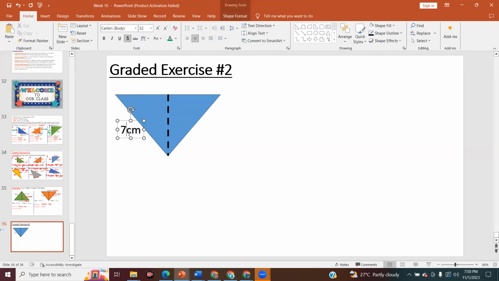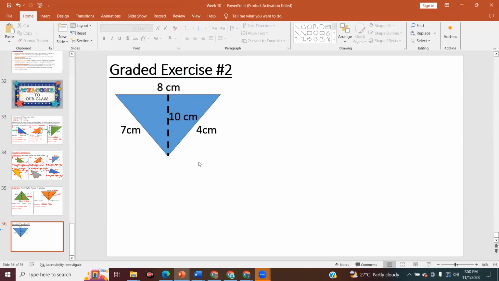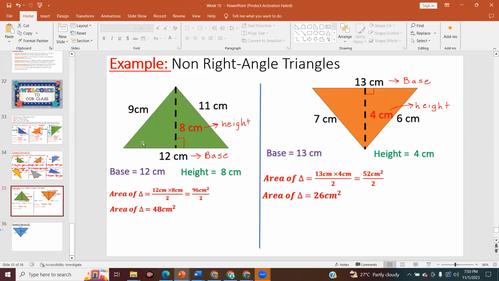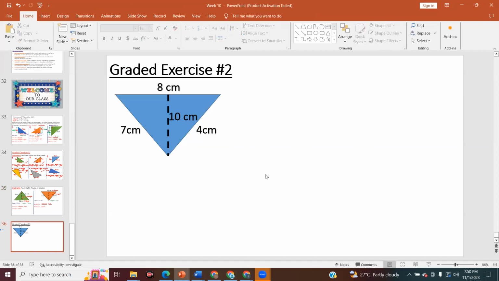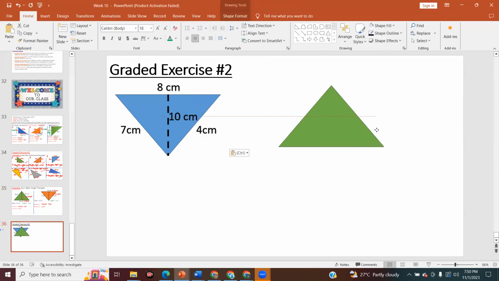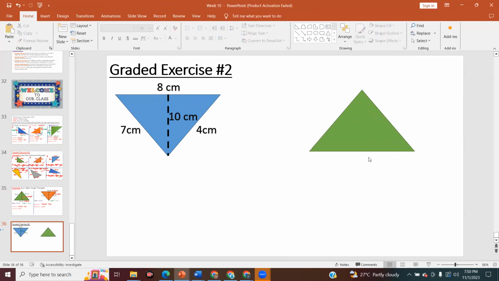This is 7. Four. Let's say that this is 8. Let's say that this is 10. So in each case, find the area. It's going to be the area.